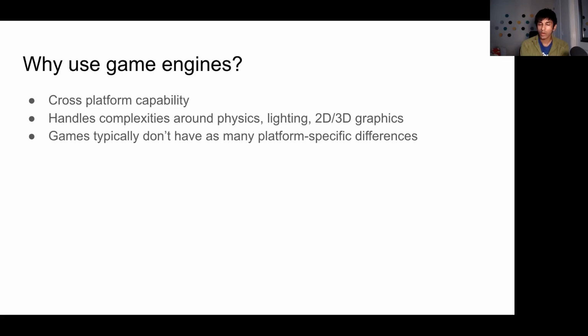Whereas if I use the Instagram app on Android and iOS, depending on the norm of that platform, like where the action bar should be or what the style of buttons is, that might affect the implementation of my Instagram app on Android versus iOS. So because of that difference, for games, you can use something like Unity or Unreal Engine, whereas you probably don't want to do that for any of the things that we've been building out.